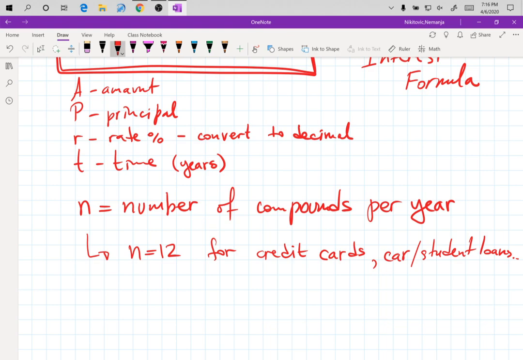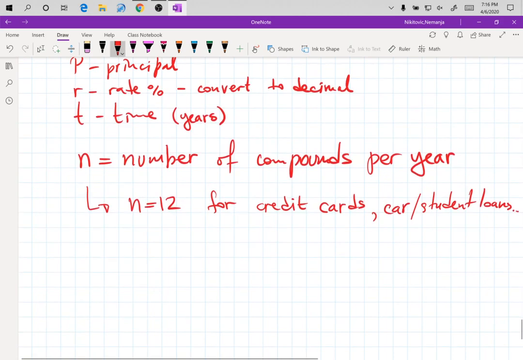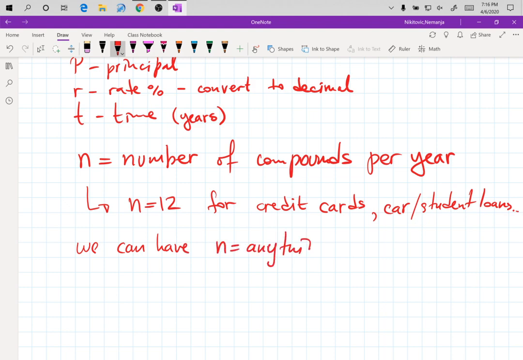You can be compounding this, but what's the most interesting thing is that the upper limit of all of your compounds is going to collapse on this function E. So we can have N equals anything, as long as N is larger than 0, right? N equal to anything, right? Then it's a whole number. So larger than 0 and whole number.